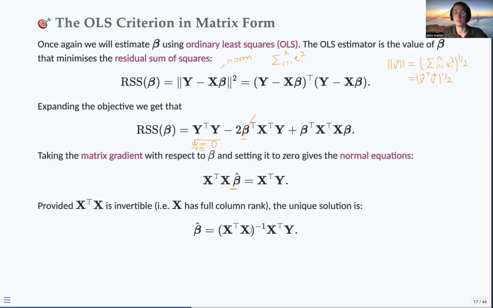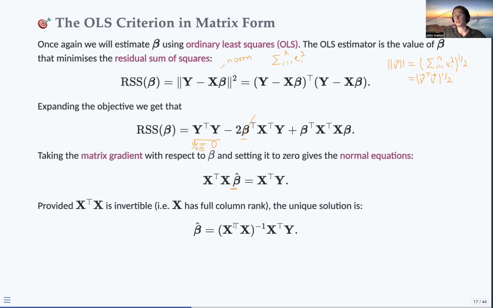We can't divide in linear algebra, we have to multiply by the inverse expression. So this is our unique solution for our estimators from ordinary least squares. In terms of data, we would have x and we would have y, so this is just a closed form expression that we can compute quite easily.